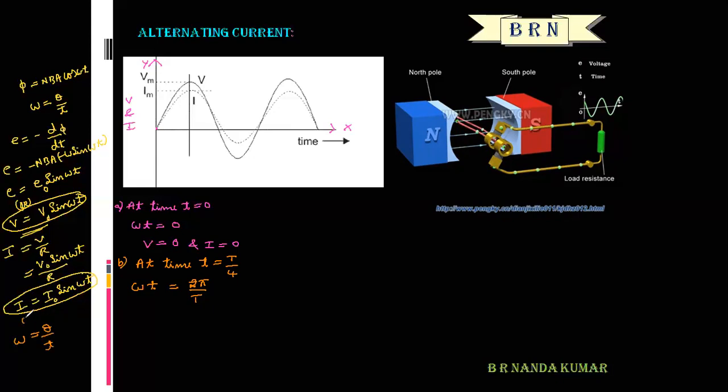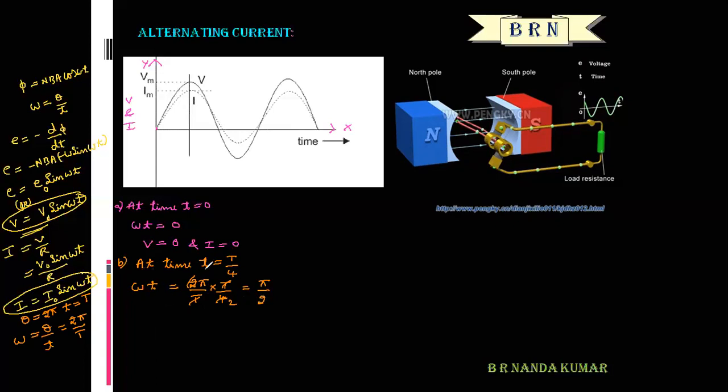For one complete rotation, theta is 2 pi radian, and the time taken by the coil to complete one rotation is the time period. So omega is 2 pi divided by T. Omega value is 2 pi by T, and t value is T by 4. So T gets cancelled here, and omega t is equal to pi by 2.